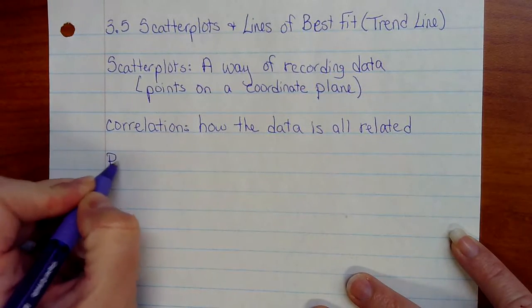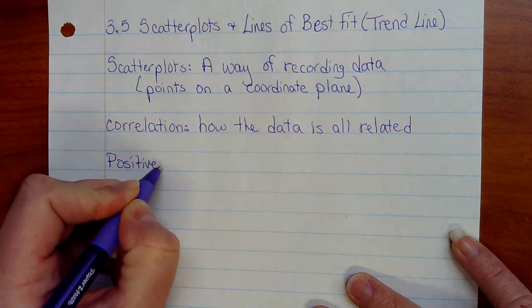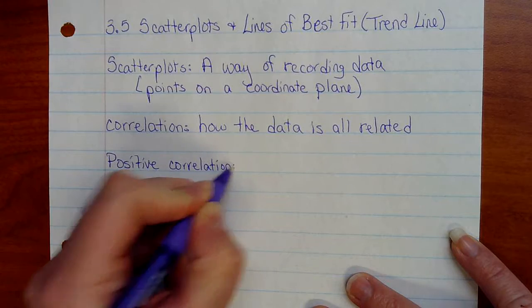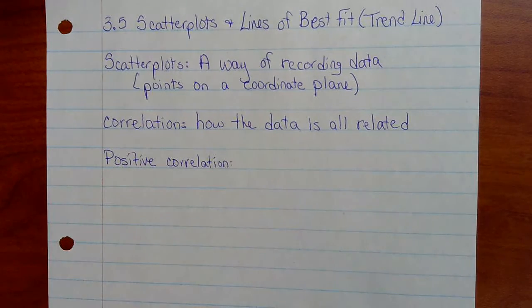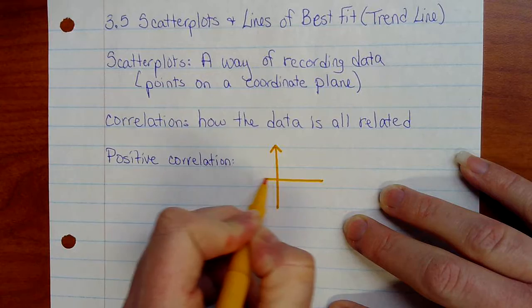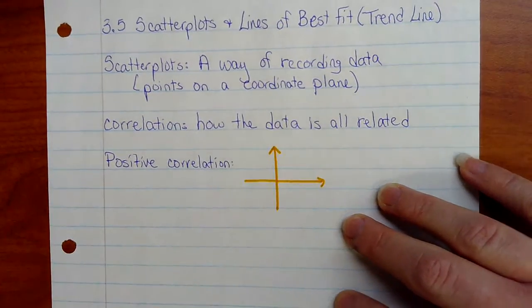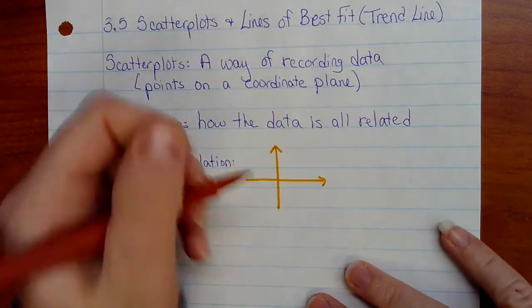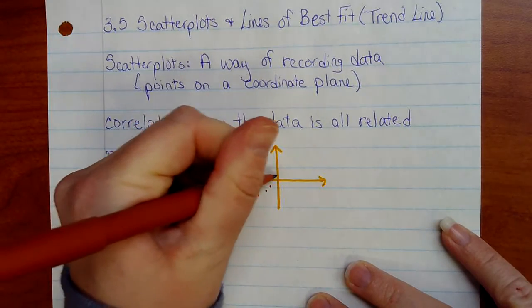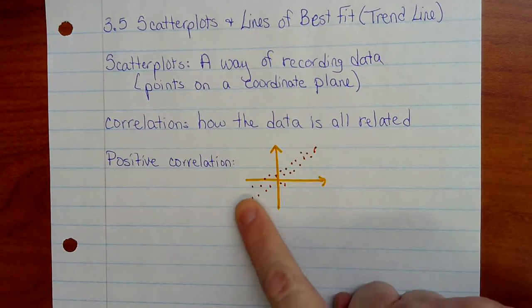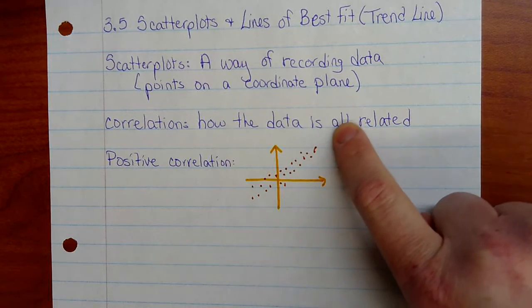So the first is a positive correlation. When I say positive correlations, you're going to want to think about your slopes. If you have a positive slope, that means that from left to right, your line goes up. If I have a coordinate plane and I have a positive correlation, that means that as I'm analyzing my data, I notice that from left to right, my data values are going up.